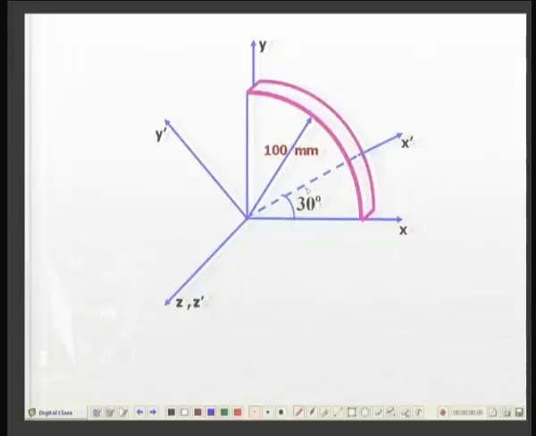Now this coordinate system is rotated through an angle of 30 degrees about the z axis. So, the new coordinates x dash, y dash and z dash are coinciding. This is the middle plane over here. You can see how the location of the coordinate plane x y, or x dash y dash, is.